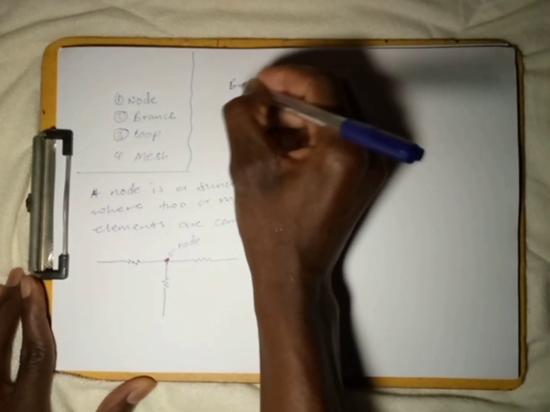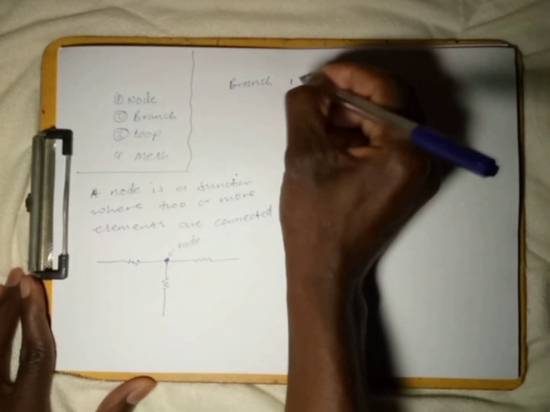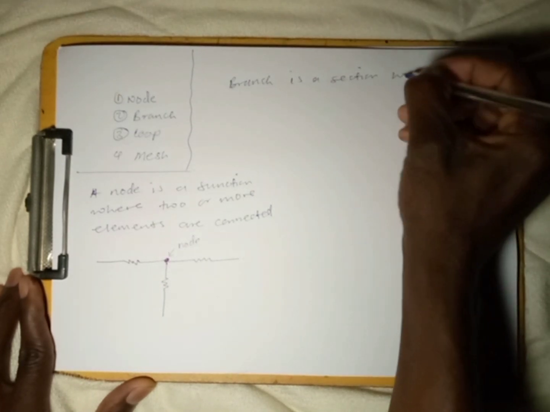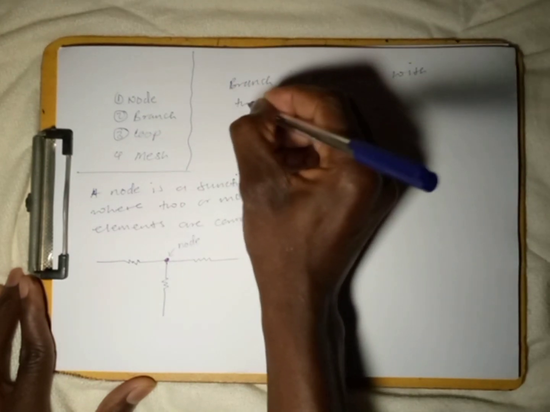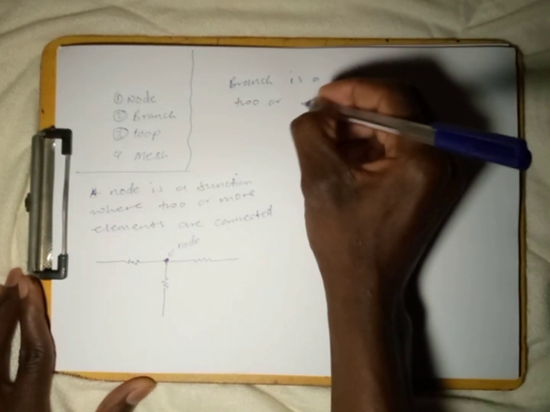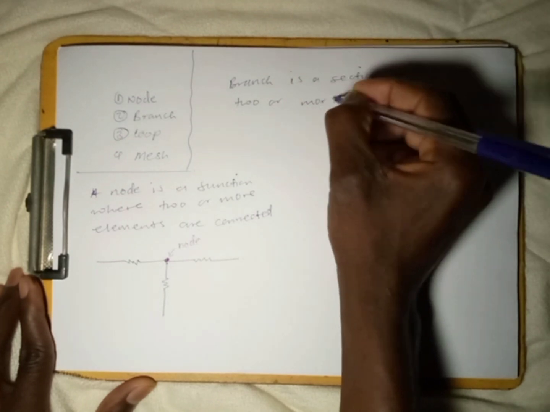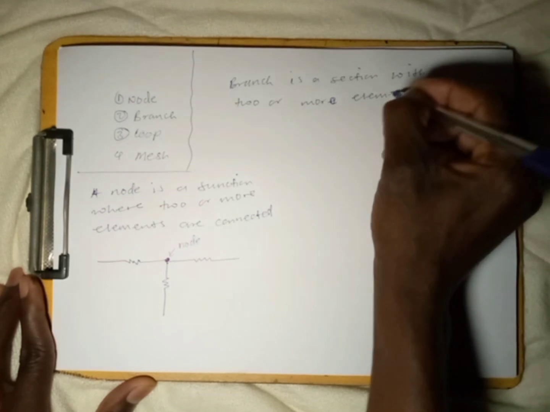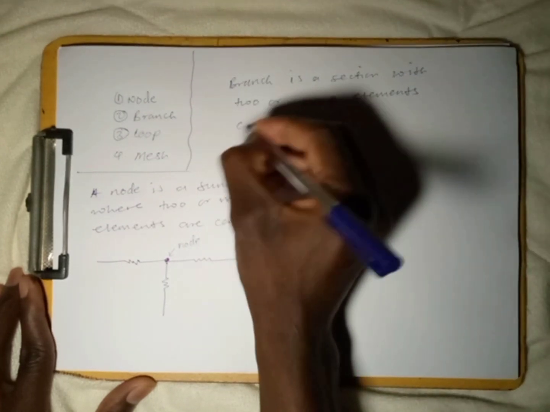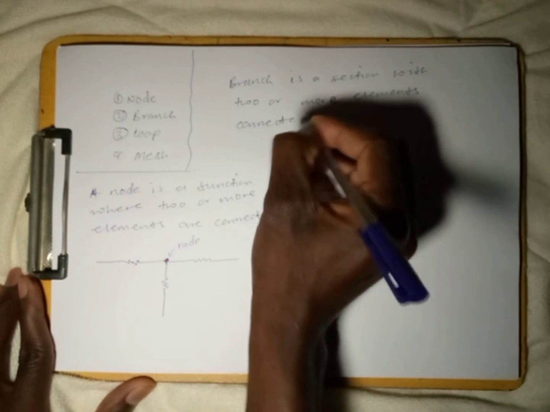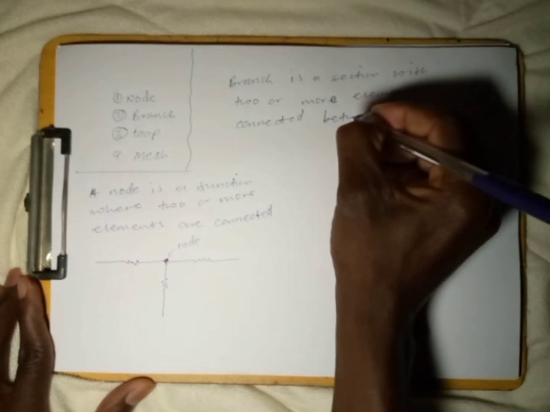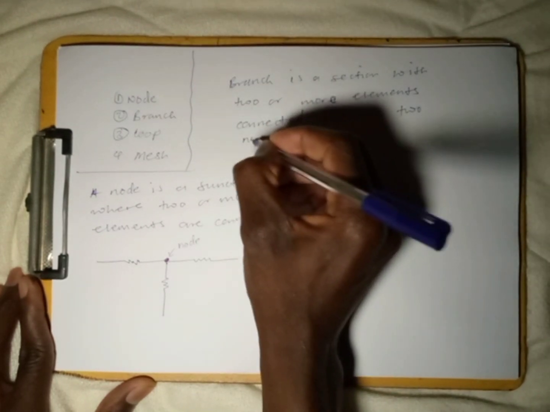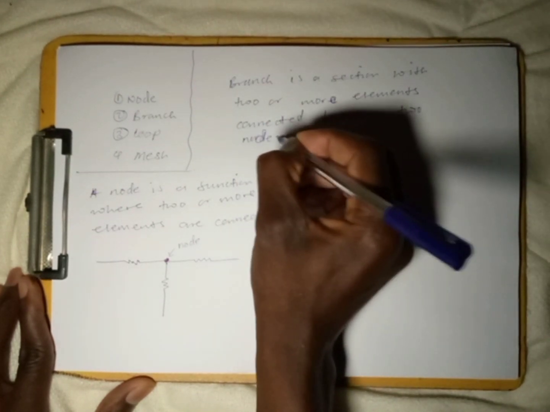I'll say a branch is a section with two or more elements connected between two nodes.